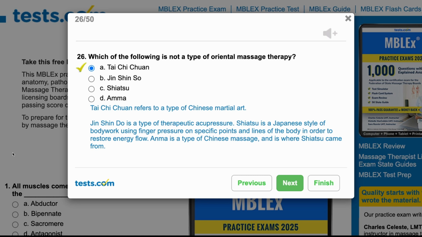Tai Chi Chuan refers to a type of Chinese martial art. Jin Shin Do is a type of therapeutic acupressure. Shiatsu is a Japanese style of body work using finger pressure on specific points and lines of the body in order to restore energy flow. Ama is a type of Chinese massage and is where Shiatsu came from.